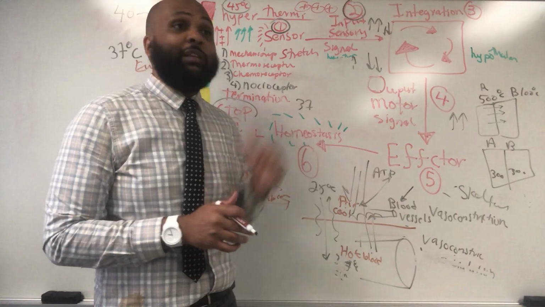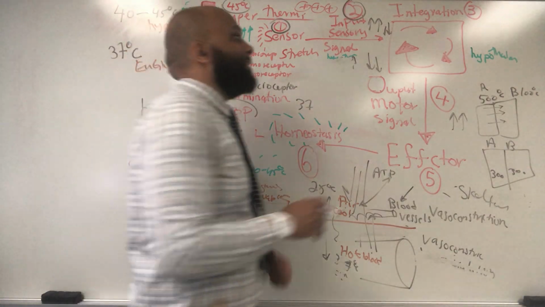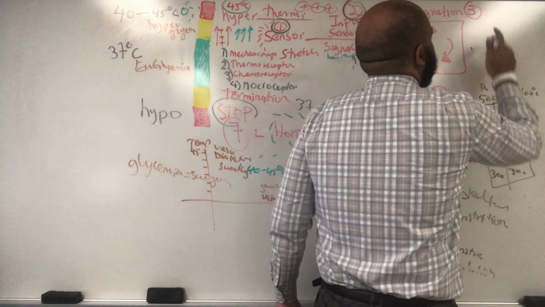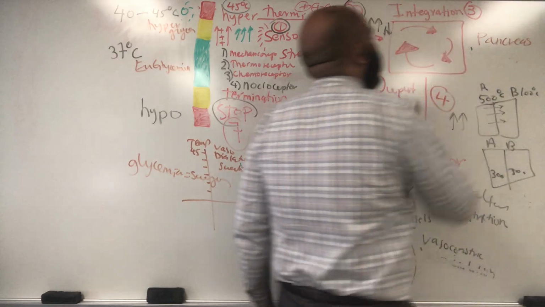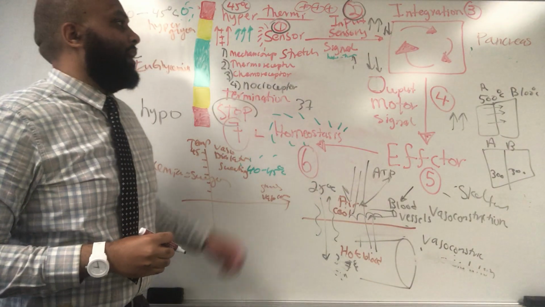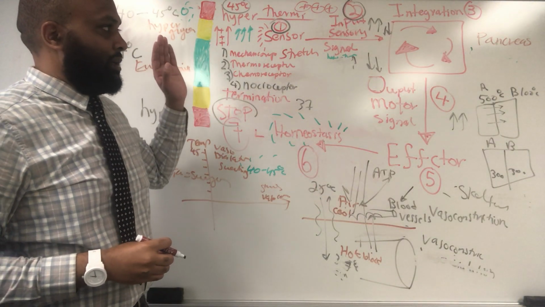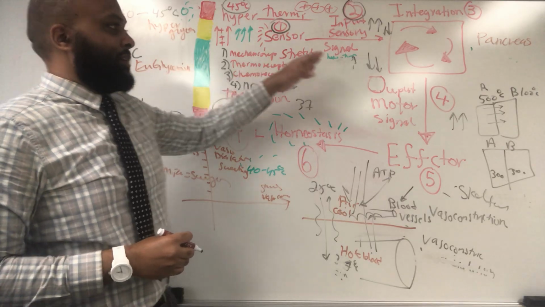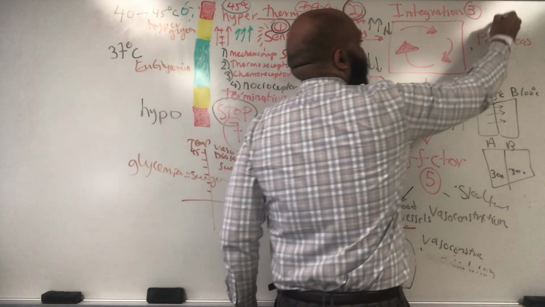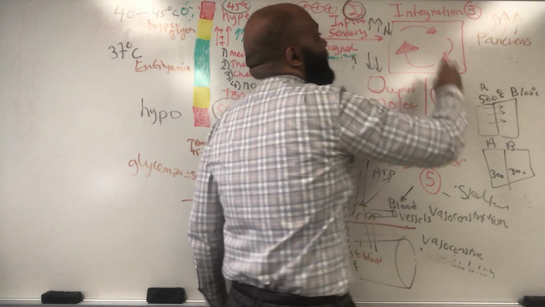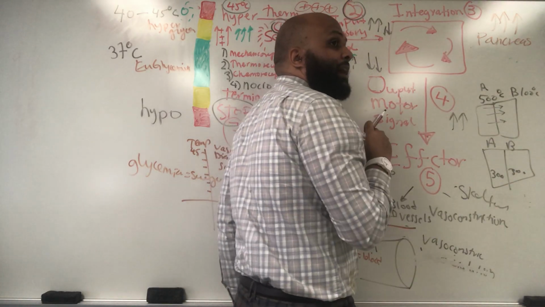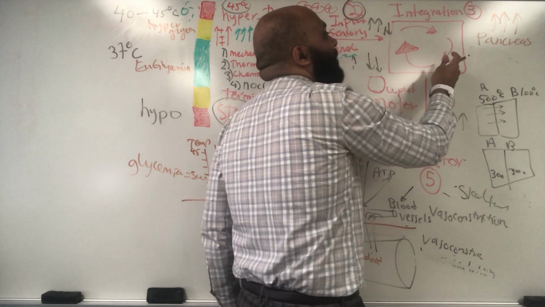Who's the integrator now? The hypothalamus? No. The pancreas. So the pancreas is going to feel that there is an increase in blood sugar. Is it going to do negative feedback or positive feedback to repair the problem?